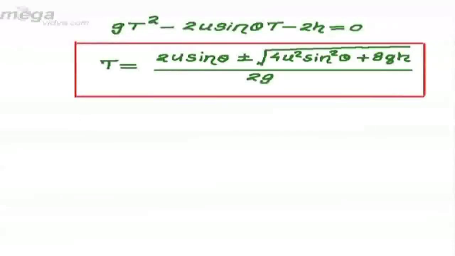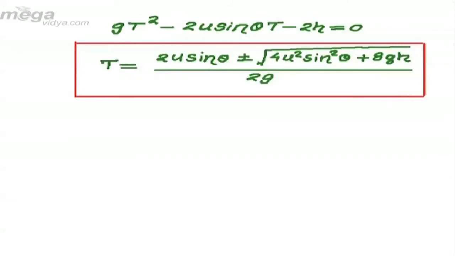I want to suggest that you don't try to remember this typical form for the time of flight. Just follow the procedure I have used here with the given data in the question. You can very easily find this relation. It will become very short for you. So, no need to remember this typical form of time of flight. Just go through the process.